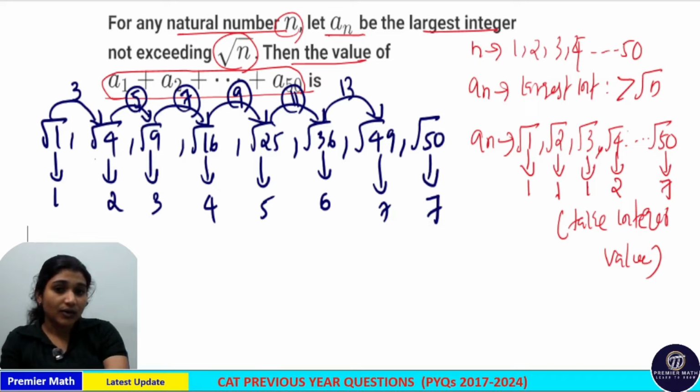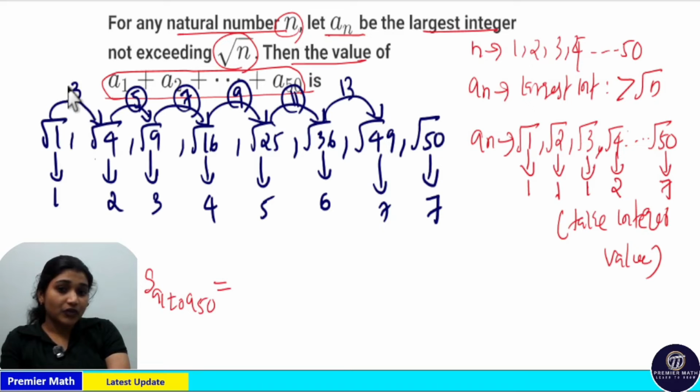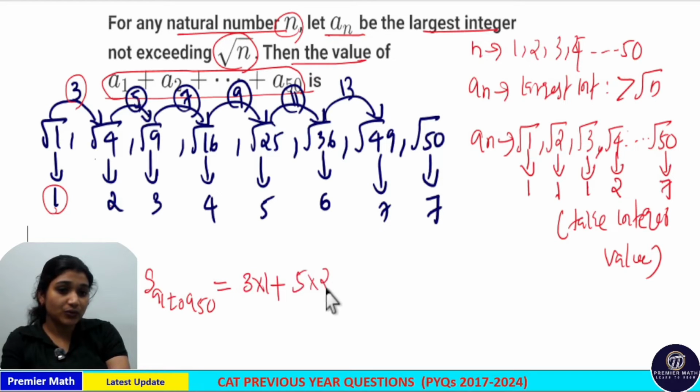To calculate a1 plus a2 plus a3 etc. up to a50: for 3 numbers the integer value is 1, so 3 into 1, plus for 5 numbers the integer value is 2, so 5 into 2, plus for 7 numbers the integer value is 3, so 7 into 3.